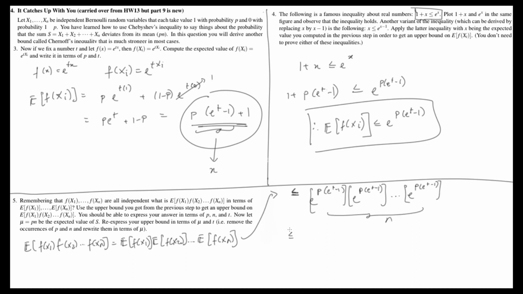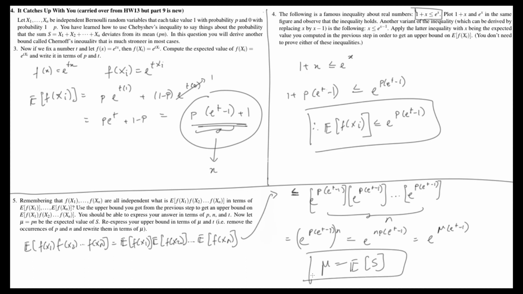Since there are n of those and they are all the same, this is equal to e to the p (e to the t minus 1) to the n, which is equal to e to the n p (e to the t minus 1), which is equal to e to the mu (e to the t minus 1), where mu is the expectation of S, and S is the sum of all those random variables.